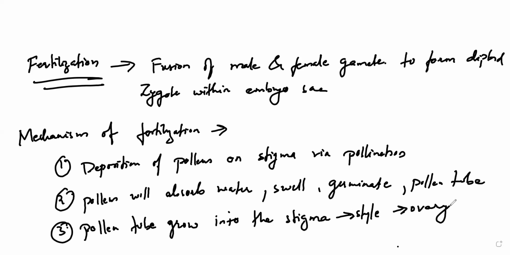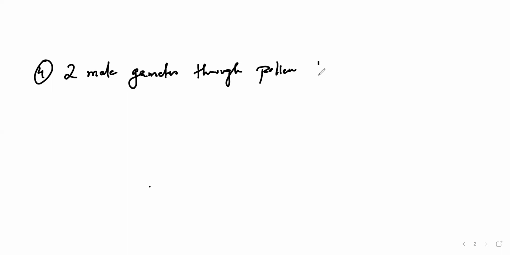Once the pollen tube passes through the stigma, style and ovary, the fourth step is this: each pollen grain consists of two male gametes. What will happen to these two male gametes? They will go through this pollen tube, and where they will reach is the ovary. They will pierce the ovary and go inside.